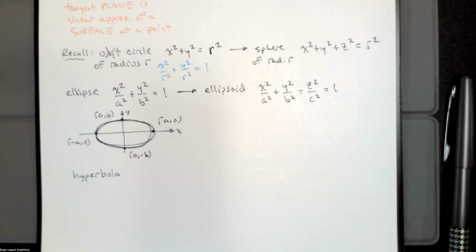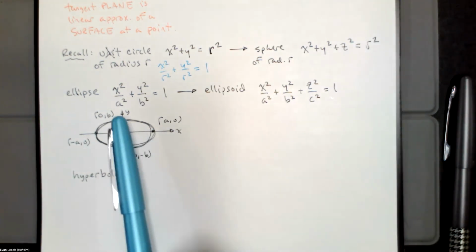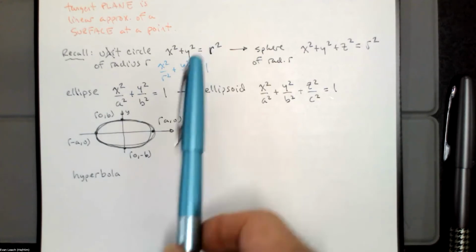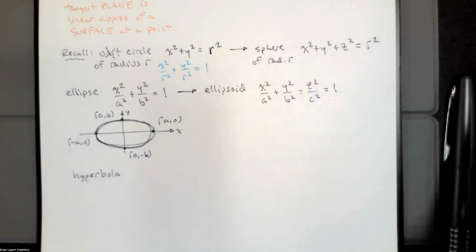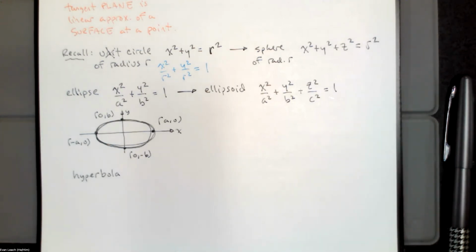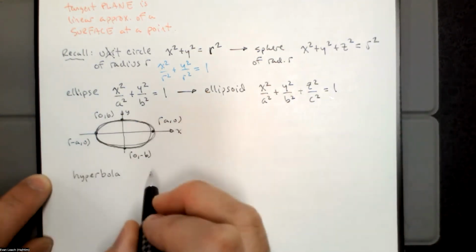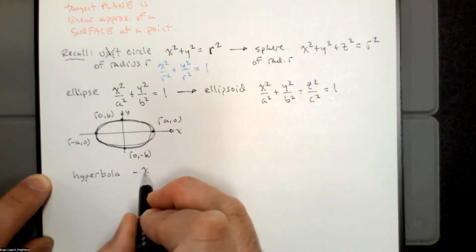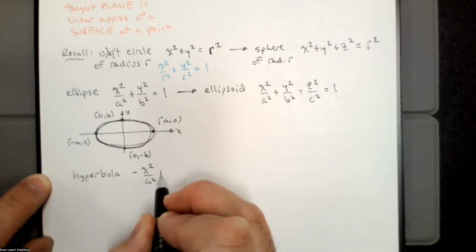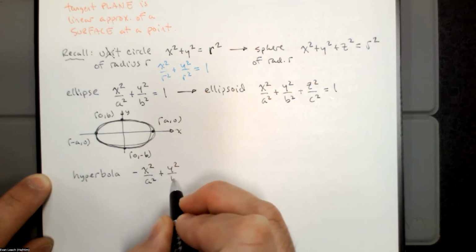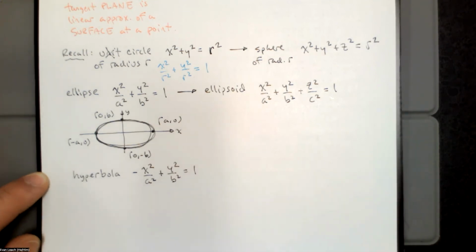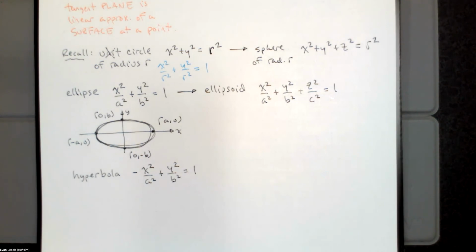For hyperbola, we're going to look at our ellipse and say, well, the x squared and the y squared, they're both positive. What happens if I make one of those things negative? So we get a hyperbola if one of those terms is negative. If I make the x term negative, I'll get one kind of hyperbola.